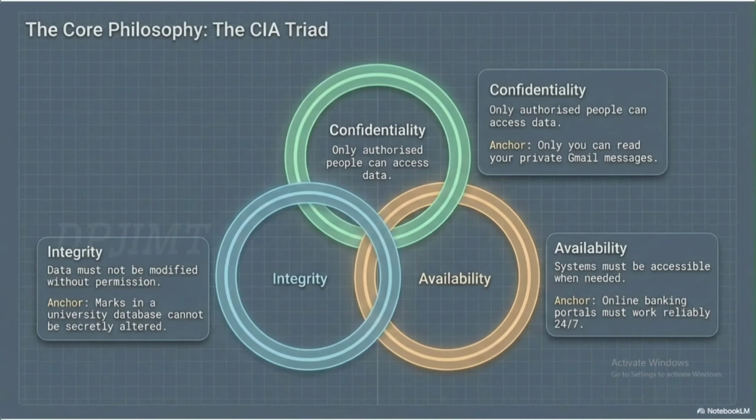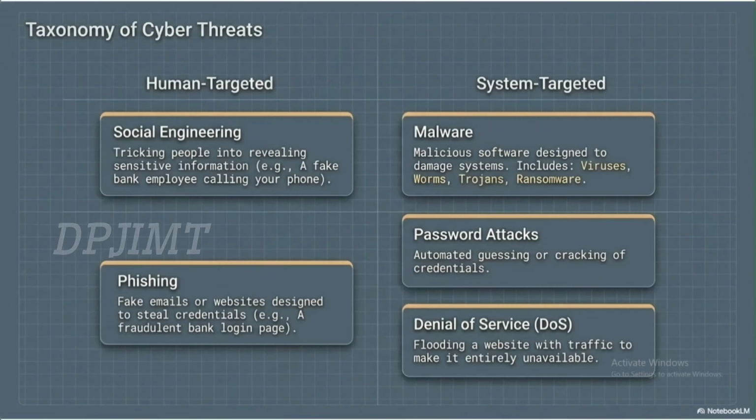Integrity means data must not be modified without permission, for example, marks in a university database cannot be secretly altered. Availability means systems must be accessible when needed, for example, online banking portals must work reliably 24 by 7. This is the CIA triad, a main pillar of cybersecurity.